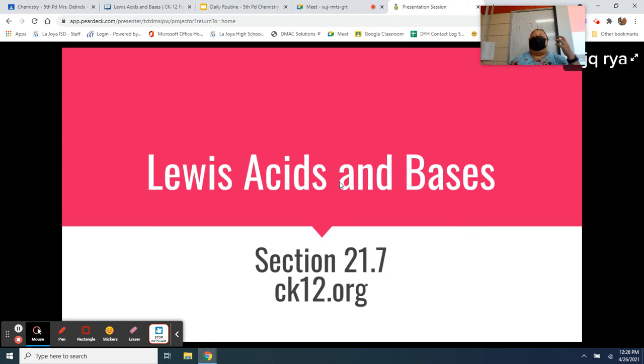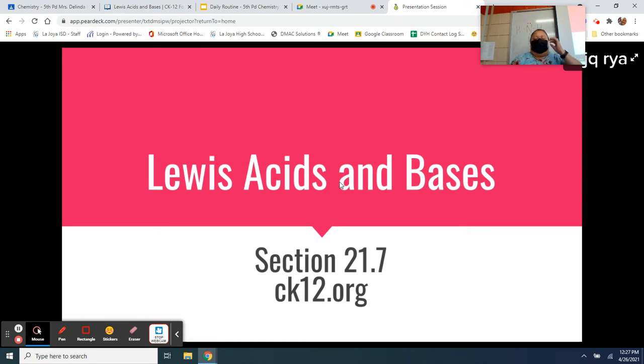So Bronsted and Lowry created their own definition that would include bases like ammonia that didn't have that hydroxide. NH3, ammonia, is a base under the Bronsted-Lowry definition. It's able to accept hydrogens.